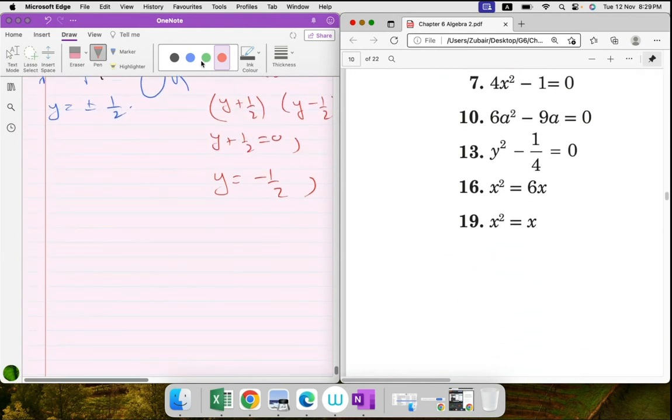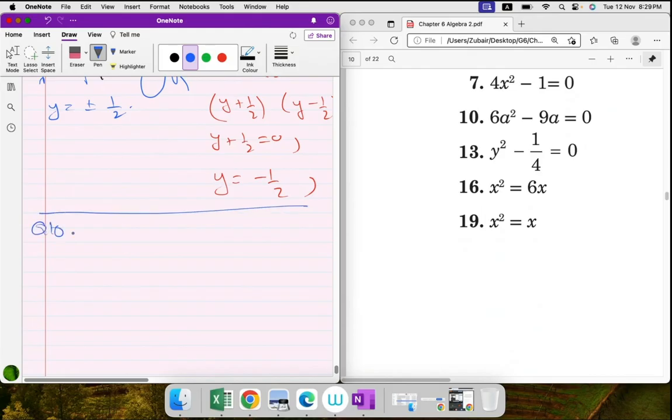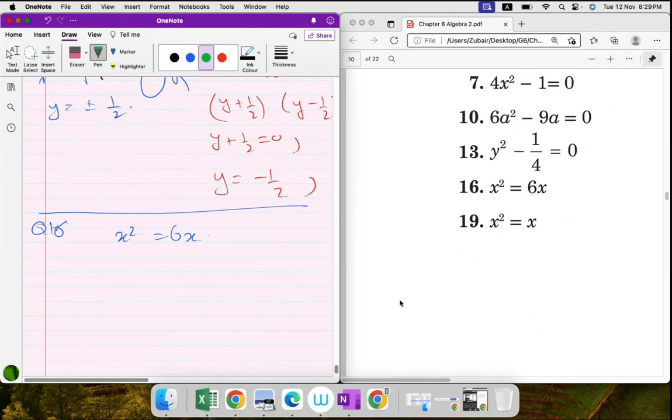Ali, try question 16. x is equal to 0 and 6.